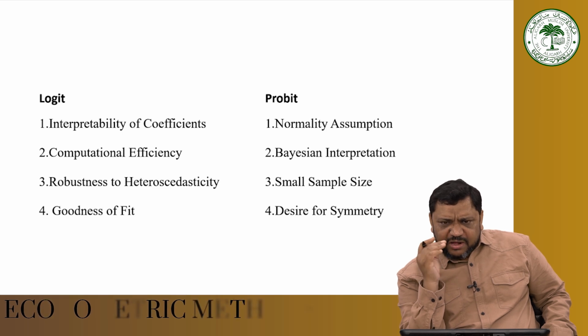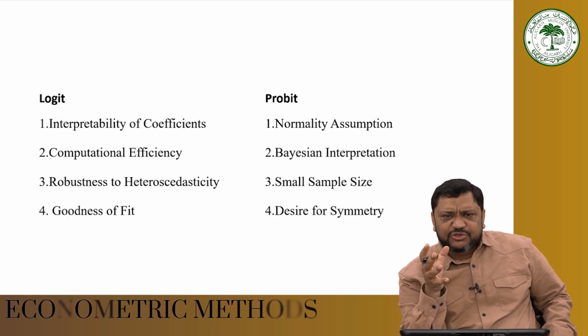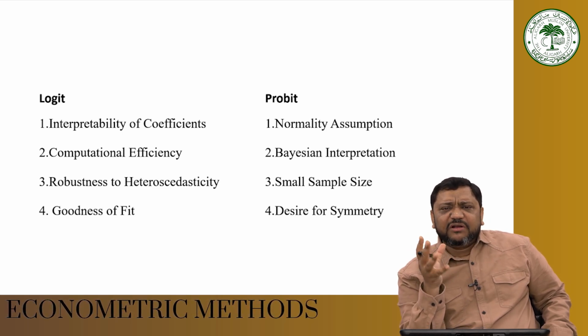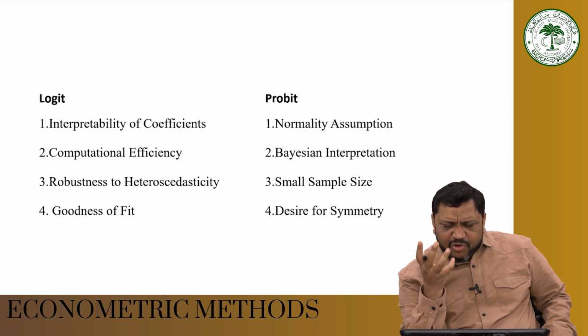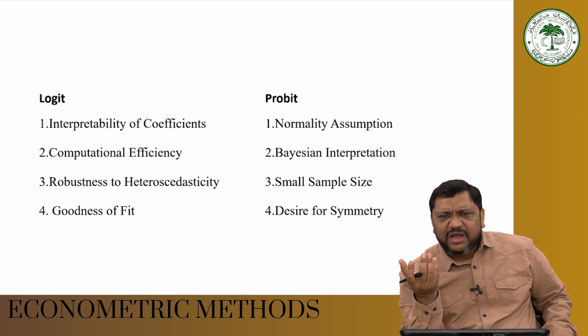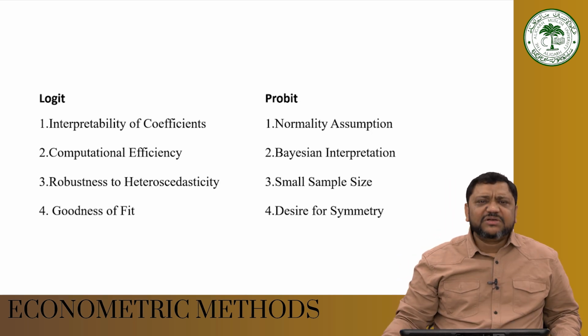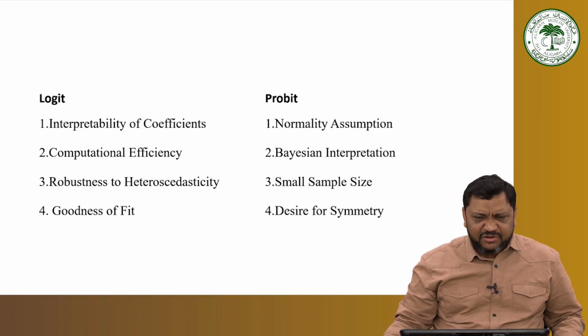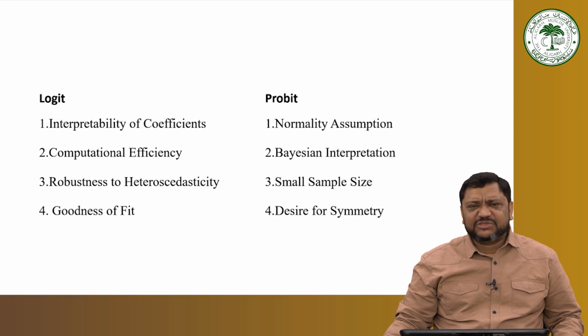So our purpose in today's lecture was to give you a theoretical foundation of how things happen in logistic regression, and how you can interpret the results which you get from commonly used software like SPSS, R or Stata.